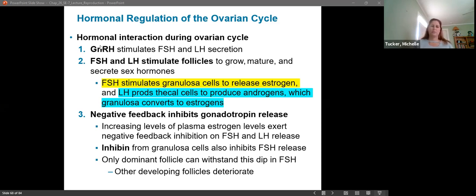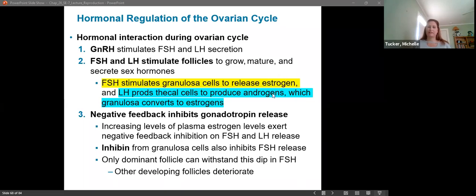So GnRH is released by the hypothalamus. That stimulates the anterior pituitary to release follicle stimulating hormone and luteinizing hormone. And the result of that is an increase in estrogen.